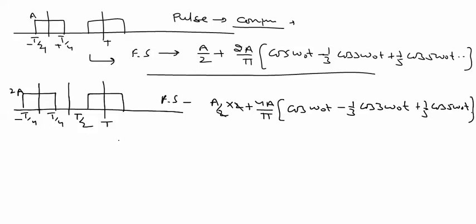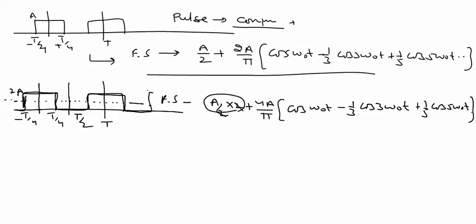Now we reduce the DC level from this expression. Now this pulse train is converted into a square wave.